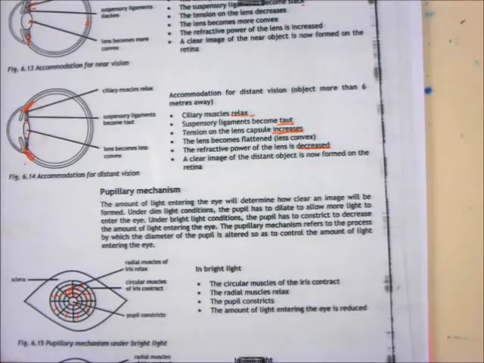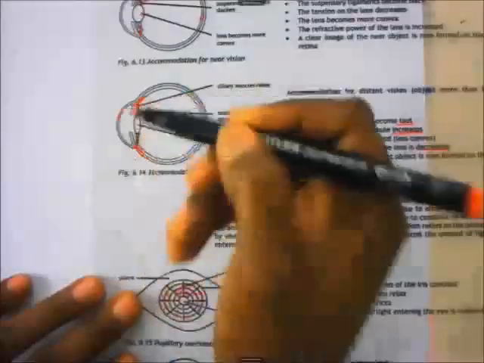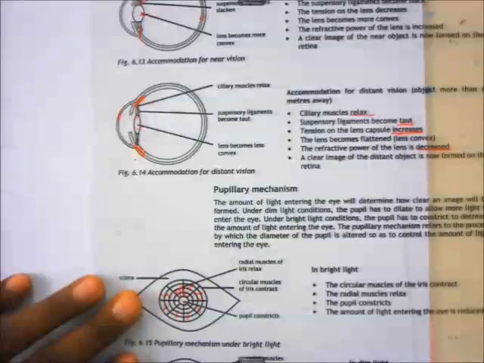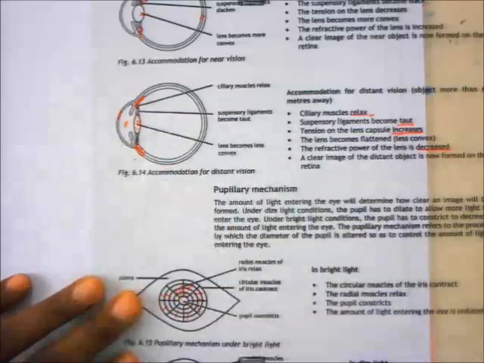An exam question can also ask you to mention the structures in the eye that play a role in refracting the light rays. You need to know that those structures are, number one, the cornea, the aqueous humor in front, the lens, and the vitreous humor behind the lens.